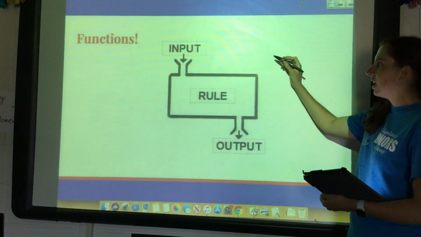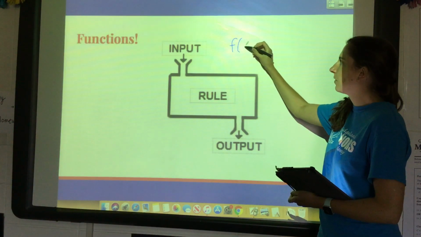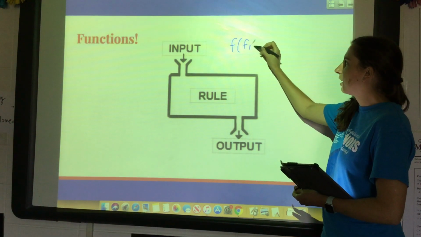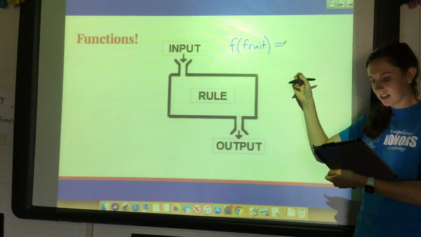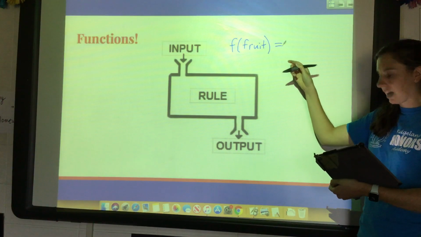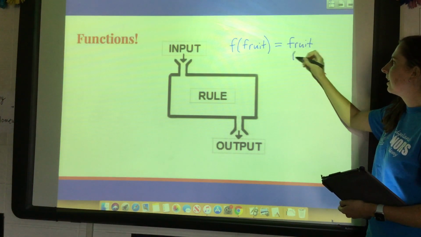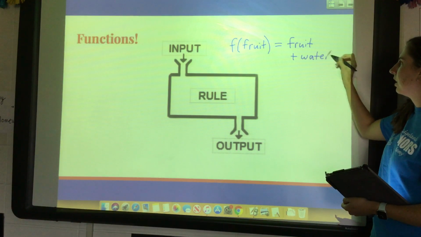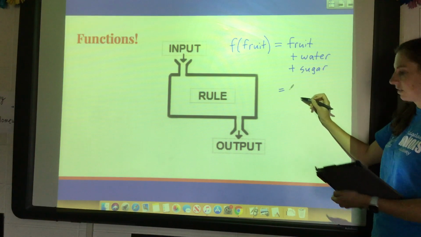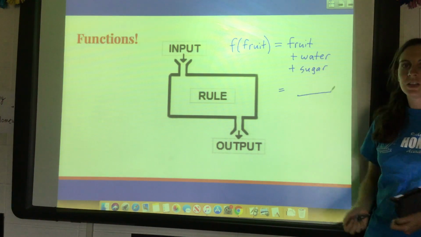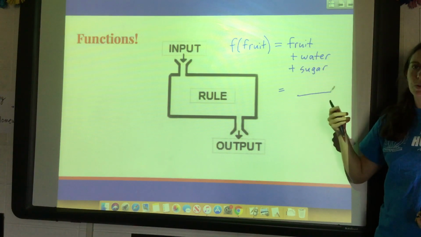For example, a function could take in a fruit as its input, and the rule is you add water and sugar, and then it gives you some sort of juice. So this is an input, that's the rule, and whatever you get would be the output.